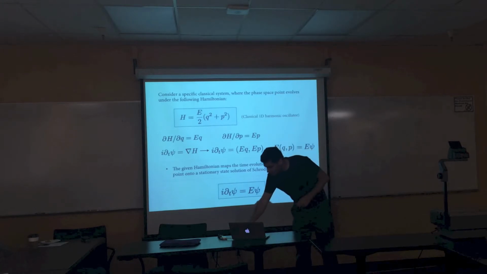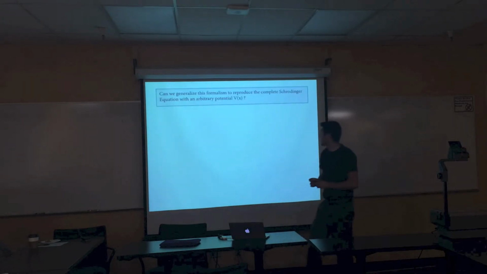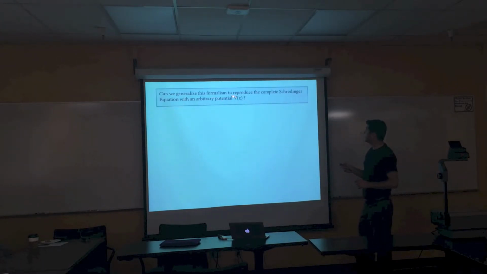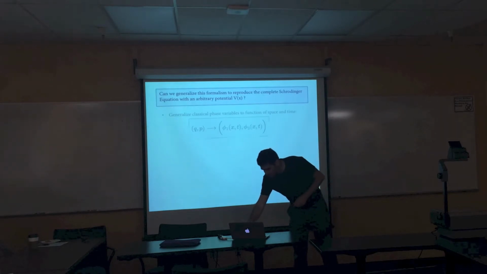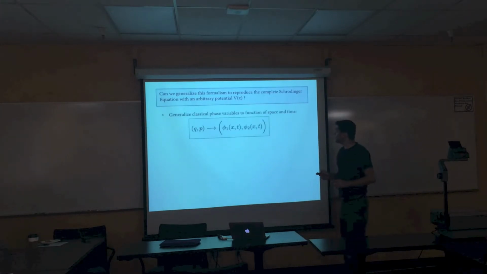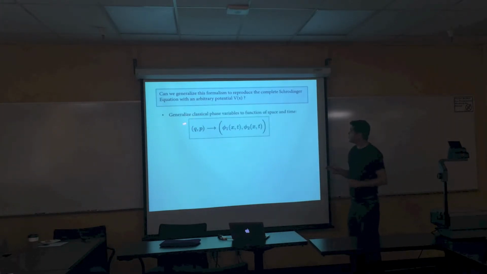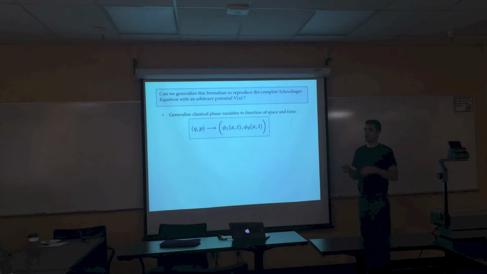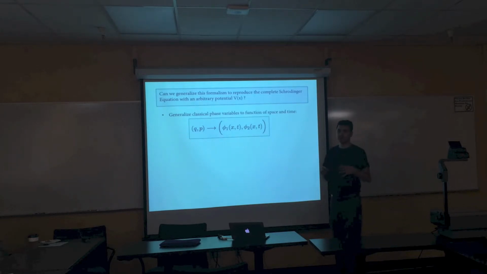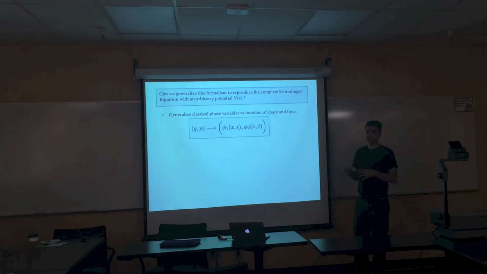So now what I want to do is ask if we can generalize this formalism to reproduce the complete Schrodinger equation with an arbitrary potential. To do this, we need to introduce a function of space and time corresponding to each of Q and P. So we're going to go from finite dimensional classical mechanics to infinite dimensional classical mechanics.